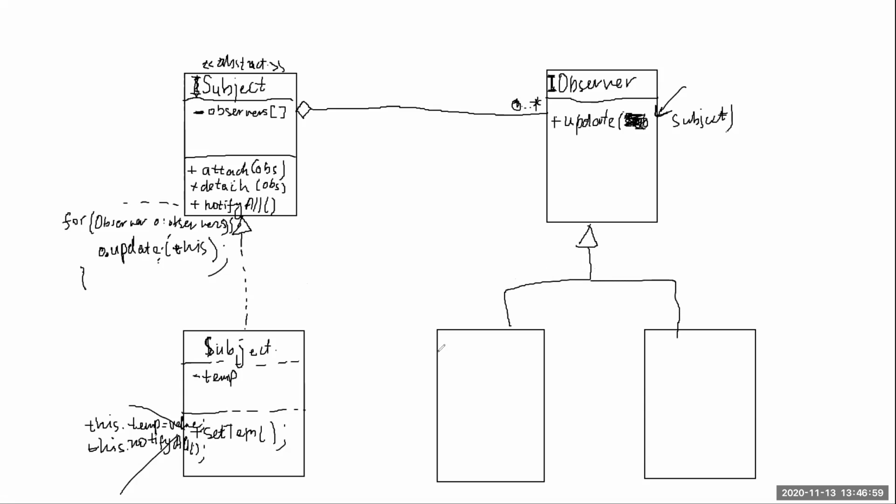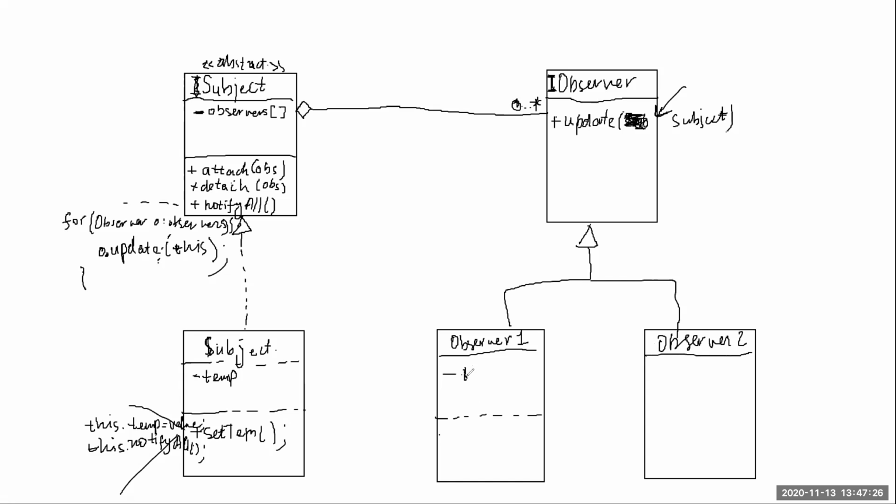So now you have concrete observers, right? We can call it observer 1, observer 2, right? And let's say they display the temperature.